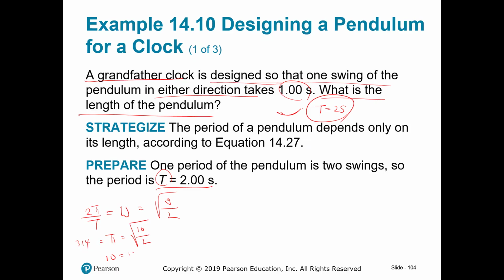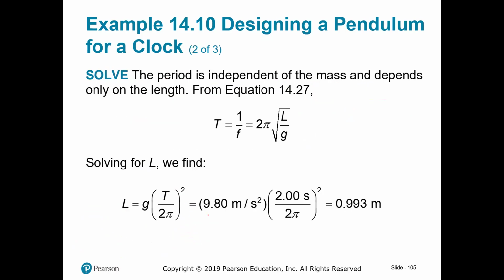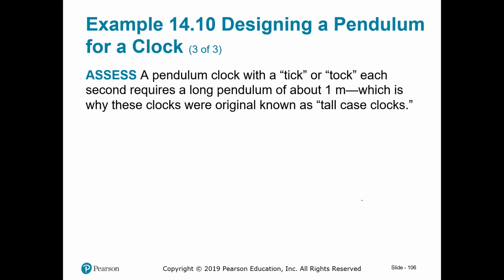Its right side is 10 over L. So then now you see that is 1 meter. So this is the actual size of your grandfather clock, right? It's roughly 0.993 meters.